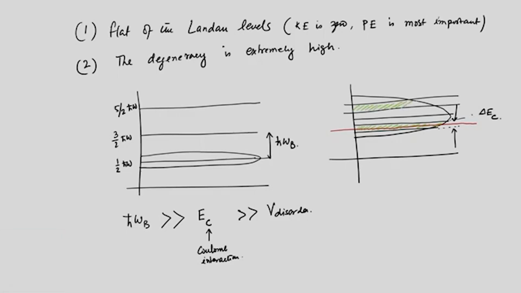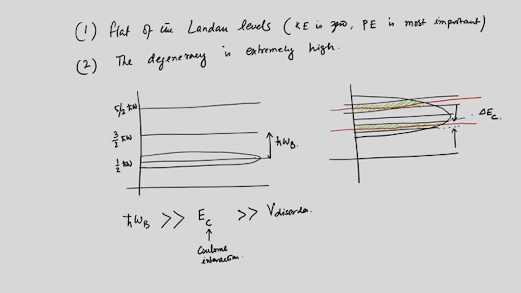So, there is a gap that has been created because of this interaction term lifting up the degeneracy, and then when the magnetic field is tuned, it reaches this gap, and when it reaches this gap, again you will see a plateau in the conductivity and so on.